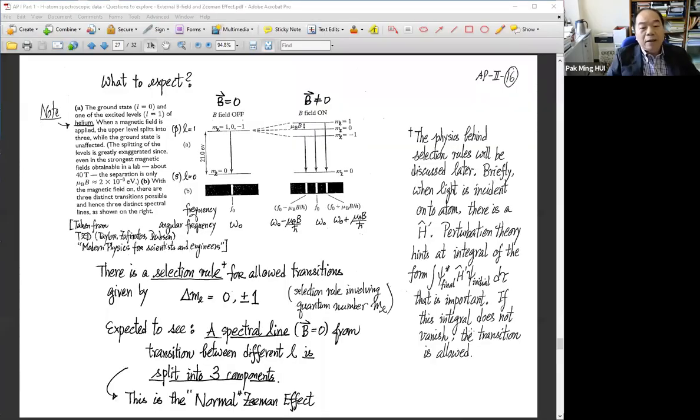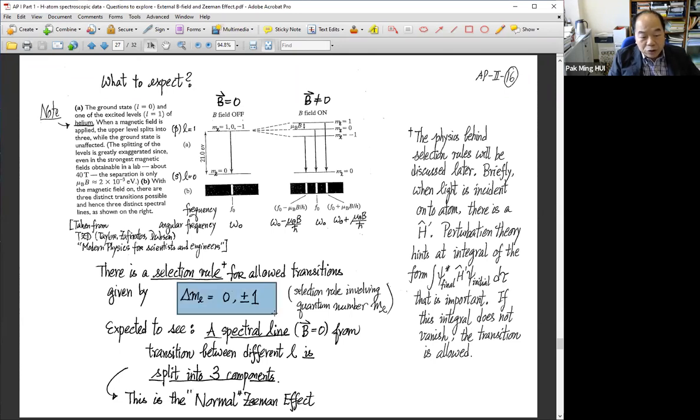Now we have solved it quantum mechanically, and exactly, because it's easy to solve. We don't need perturbation. That is the point. Now, I would like you to accept a result so that we can move on.